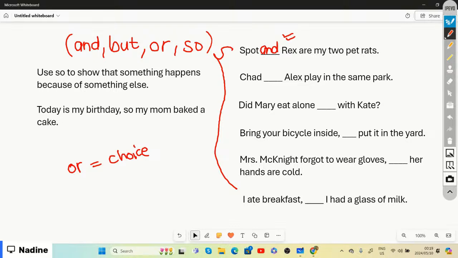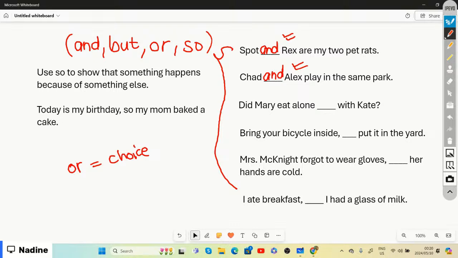If we choose the correct conjunction, then we can say Chad and Alex play in the same park. So well done. And is correct, right? Because it means that both of them go together, which means that both of them are playing in the same park.